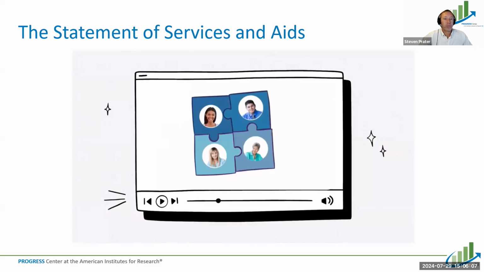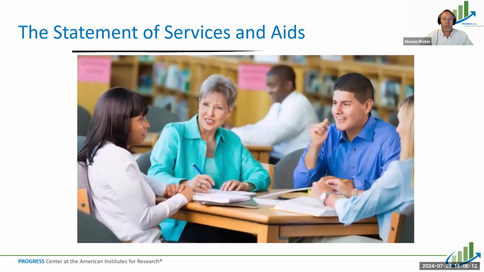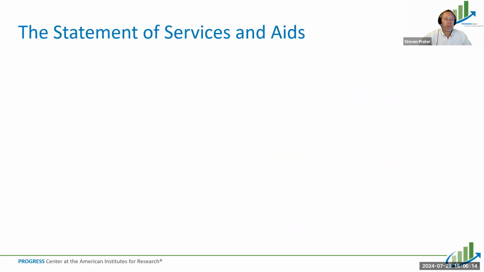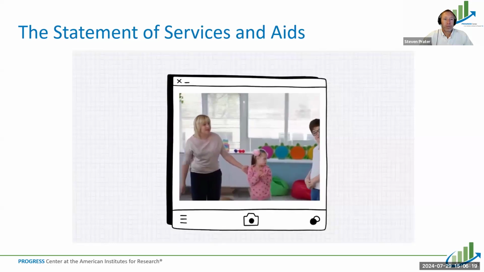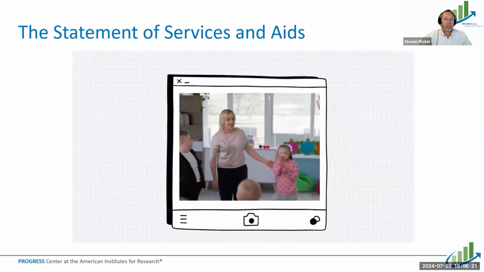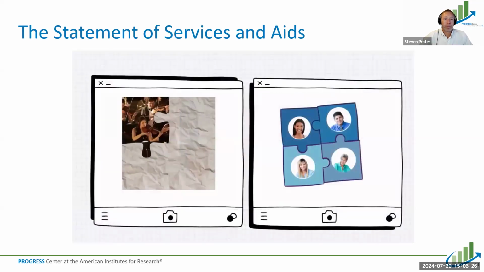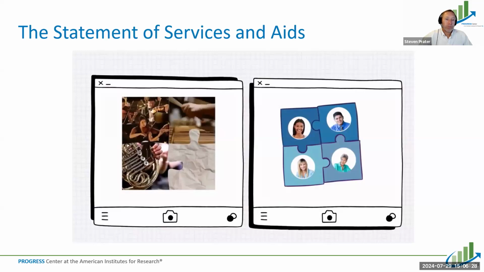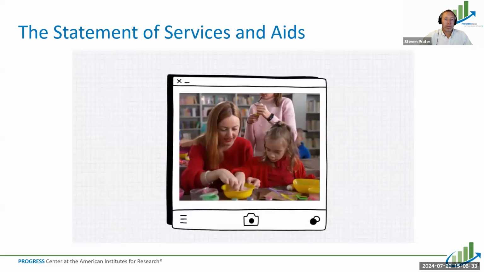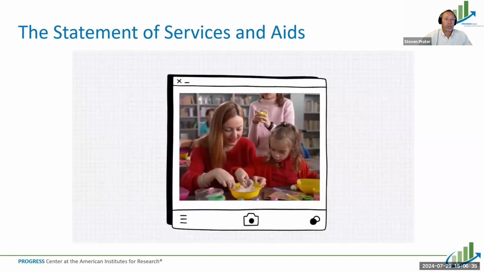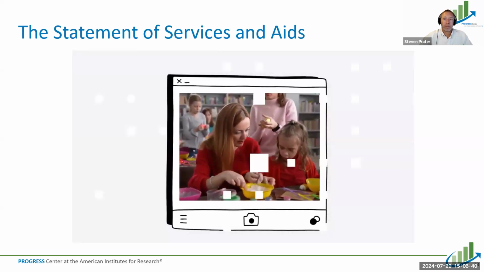Just like musicians in an orchestra, it's essential for the providers of these services to coordinate their efforts, share information, and align their strategies. This ensures a comprehensive and effective educational program that promotes student access to and benefit from the general curriculum. Just as musicians synchronize their playing, follow the conductor's cues, and support one another's contributions, the various aids and services outlined in the Statement of Services and Aids must work in perfect harmony to support the student's needs.